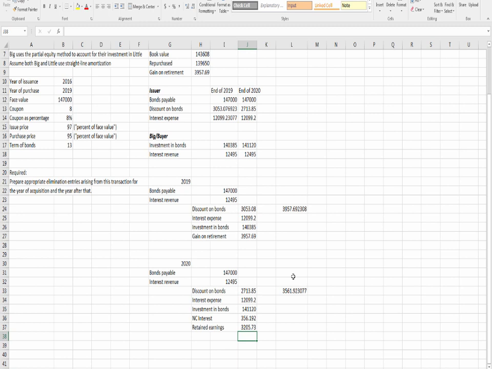If you wanted to be a little more precise, this is perfectly precise, but if you wanted to be a little more logical about this, you'd say, look, of this 3,957 realized but unrecognized gain, how much was recognized via the disparate interest revenue and interest expense that the individual companies recorded?